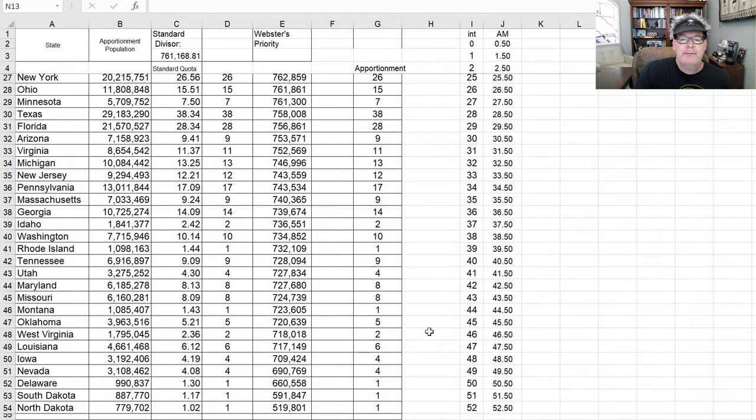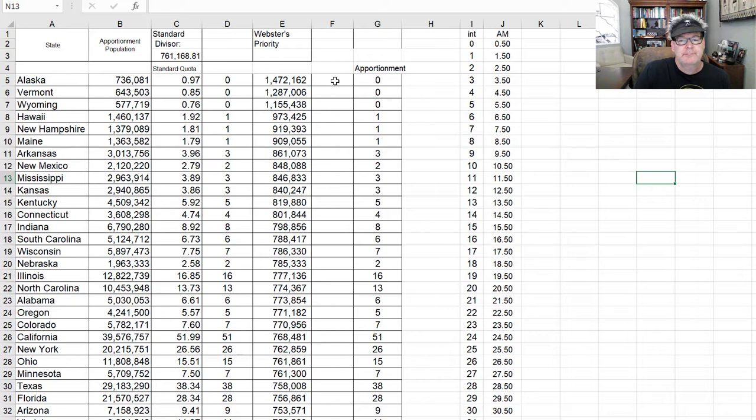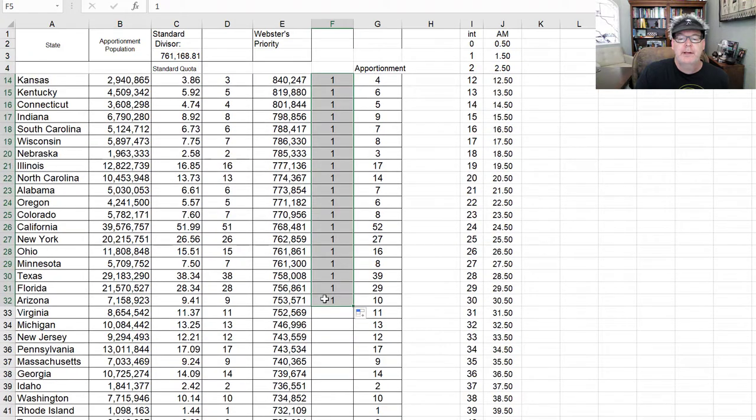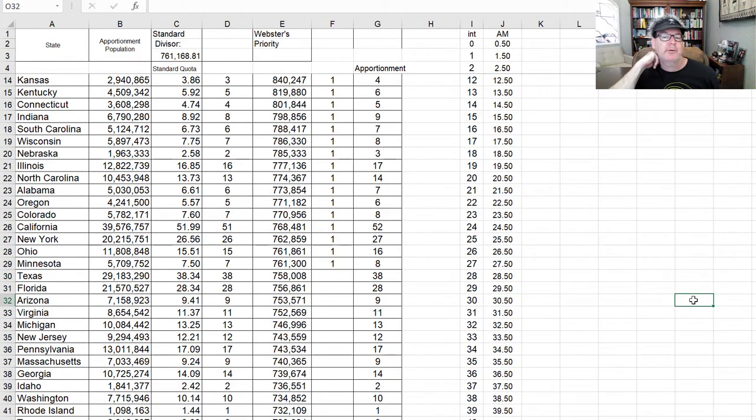410 seats given out. We need to give out 425, of course, same as before. And it's 3 too many. So now you can see Minnesota was the last state to get a seat using the Webster's method.